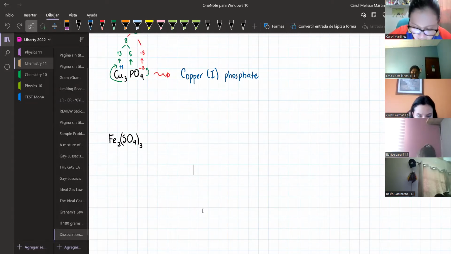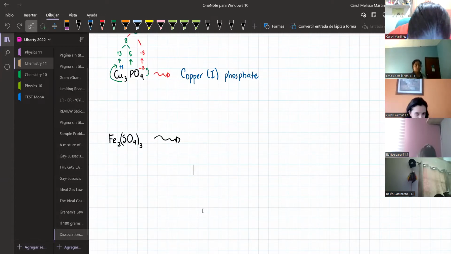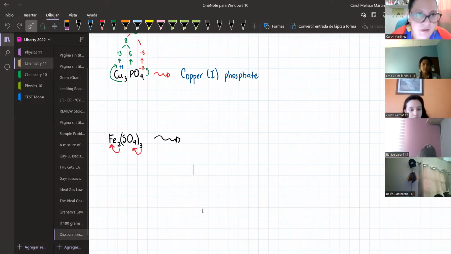Okay, so take a look at this compound over here. We have parentheses, okay? And we have 2 iron, and we have this 3 that is multiplying this entire ion.